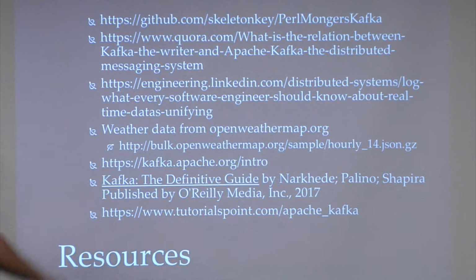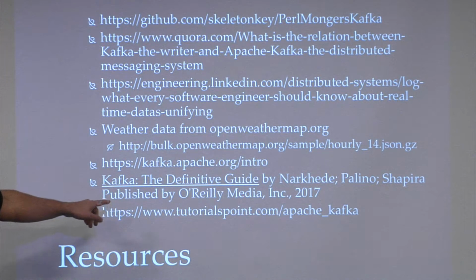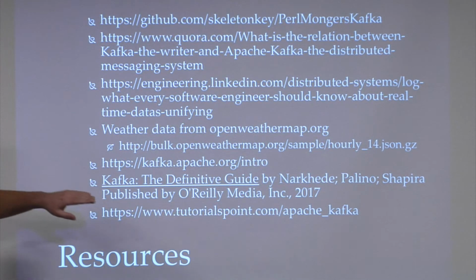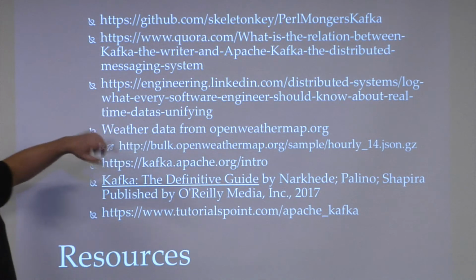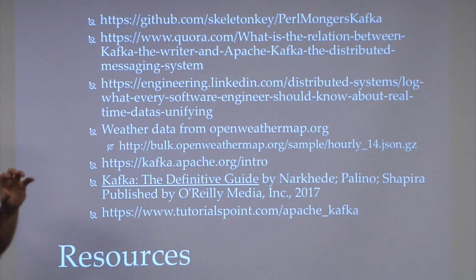One more book I can recommend: I Heart Logs, by Jay Kreps. Jay Kreps is the guy who wrote Kafka, and he wrote I Heart Logs, which is a really great dive into logs. It's actually a shorter read.